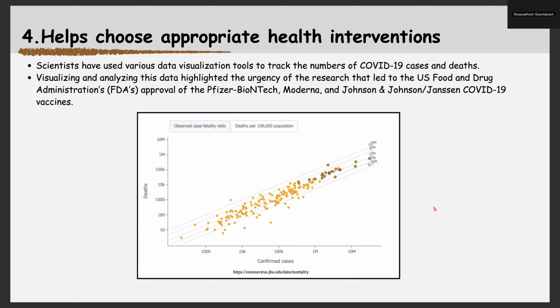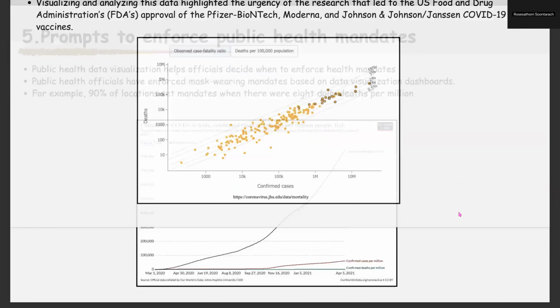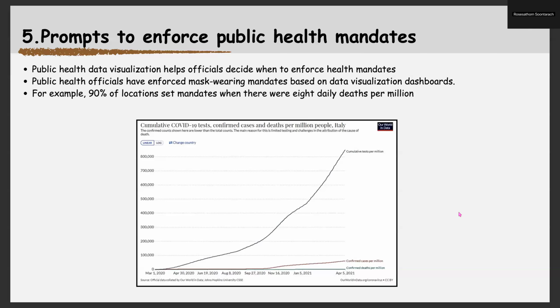Visualizing and analyzing this data can highlight the urgency of the research around the US Food and Drug Administration, or FDA, approving the use of Pfizer, Moderna, and Johnson & Johnson vaccines. And public health data visualization also helped officials to decide when to enforce health rules.